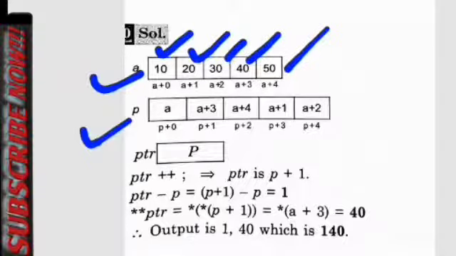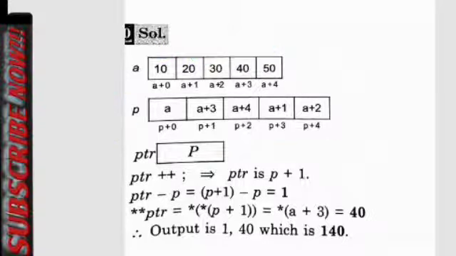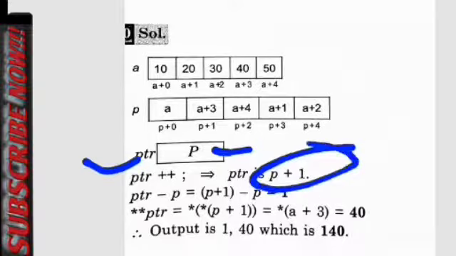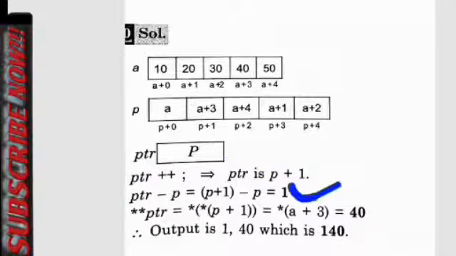And here pointer p is pointing to a plus 1 and so on. Now we assume the pointer equal to p, then pointer plus plus is going to be p plus 1, and ptr minus p means p plus 1 minus p is equal to 1.